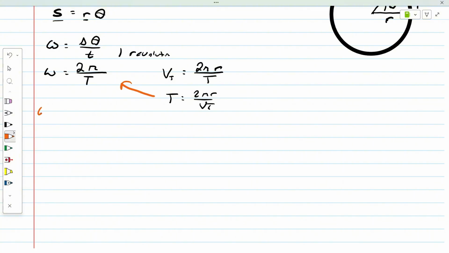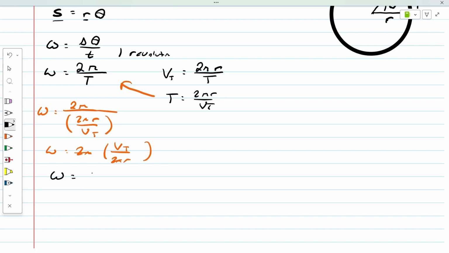And so we would get the angular velocity equals 2 pi divided by this 2 pi r over vt. And since we're dividing a fraction, we can multiply by the reciprocal and get 2 pi times vt over 2 pi r. And so these 2 pi's are going to cancel, and we're going to get the angular velocity equals vt over r.